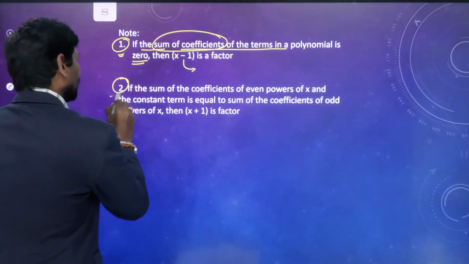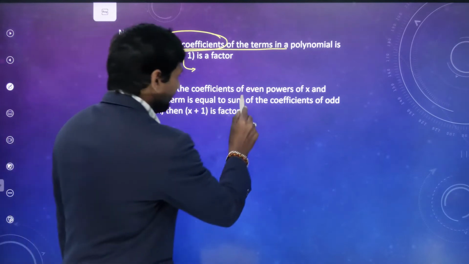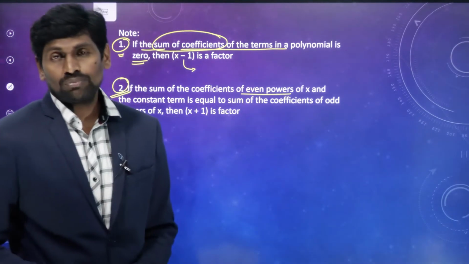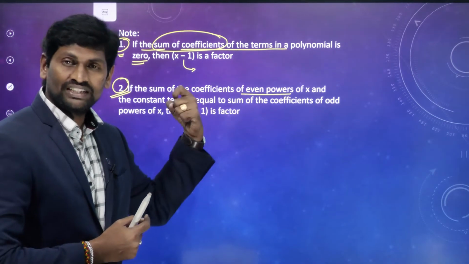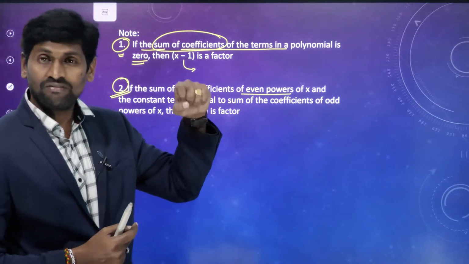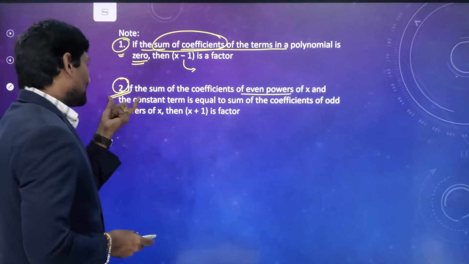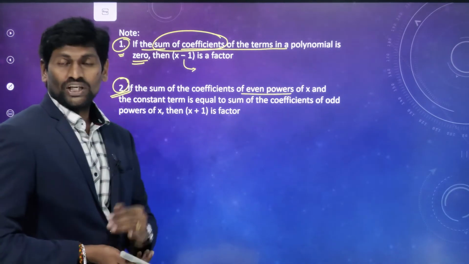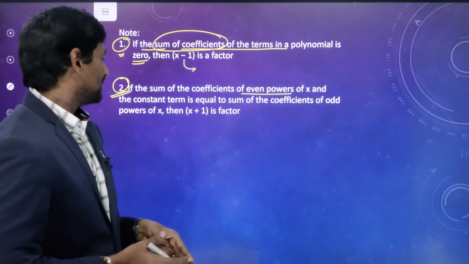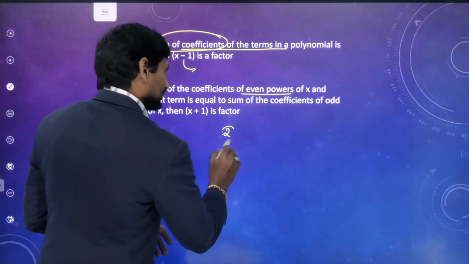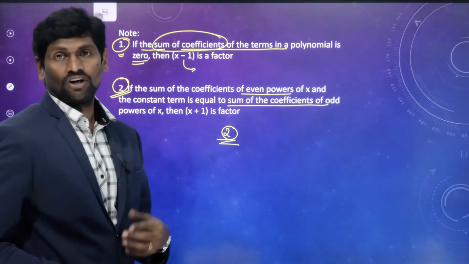Also, we have one more condition, that is the sum of the coefficients of even powers. That means x power 4, x power 6, x power 8, the even powers' coefficients we should check, and their sum as well as the constant term. So even powers' coefficients together with the constant term, the answer should be equal to the sum of the coefficients of odd powers.